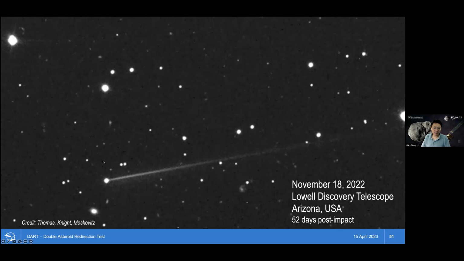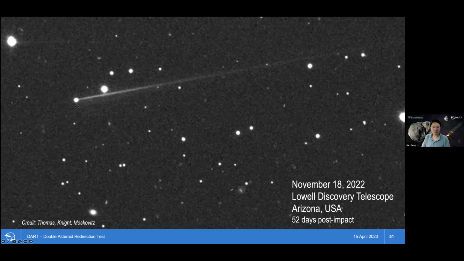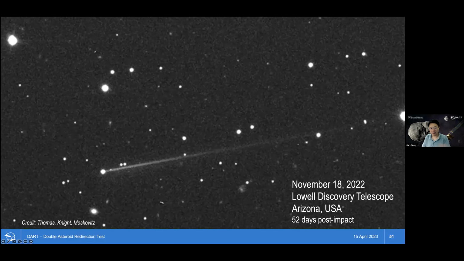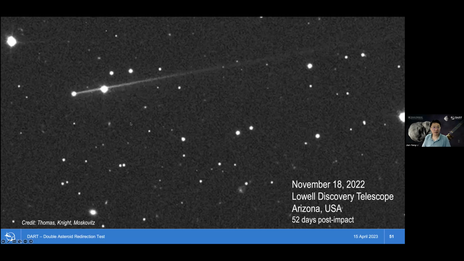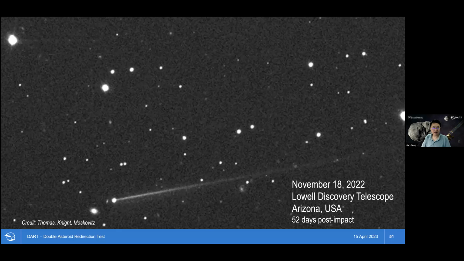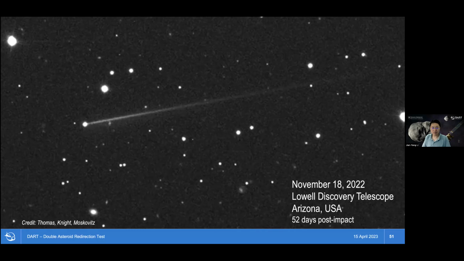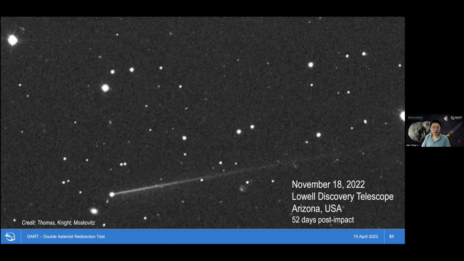What you see here is that, of course, there's no ejecta. The head is just the double asteroid, and then there's a long tail here, a very narrow, straight, long tail. I think the length is a few tens of thousands of kilometers, maybe 70,000-80,000 kilometers.